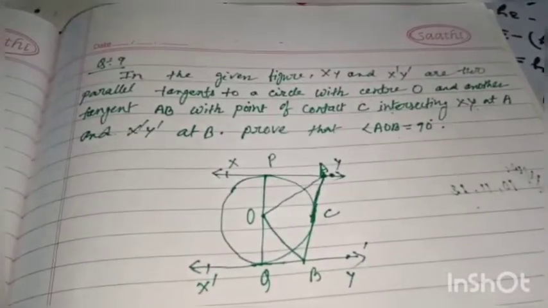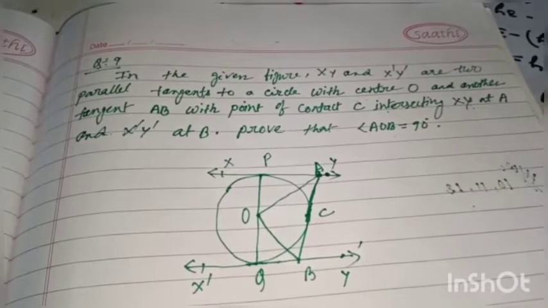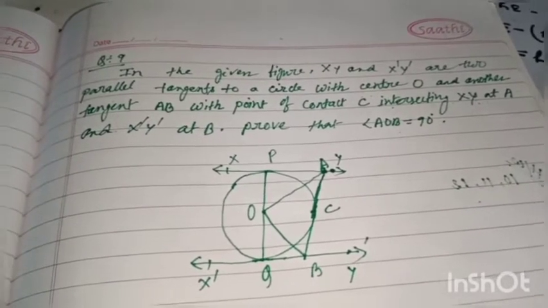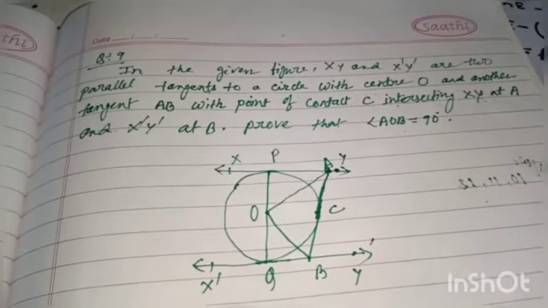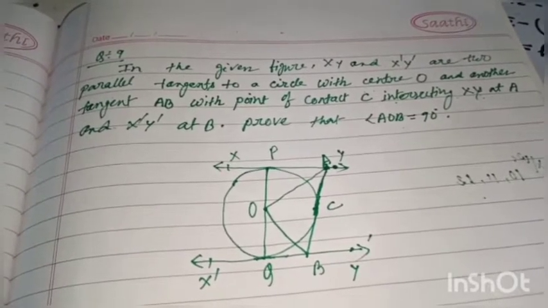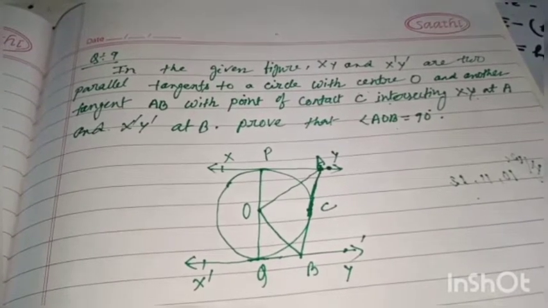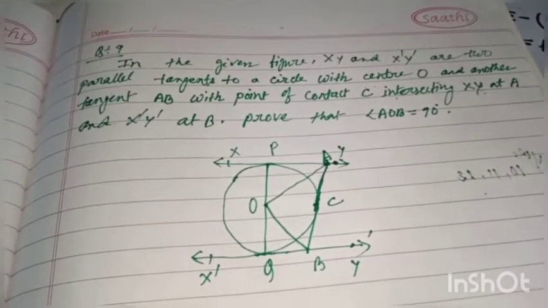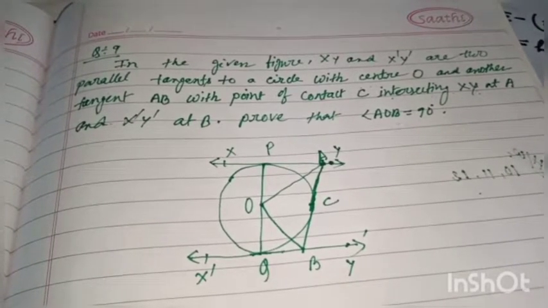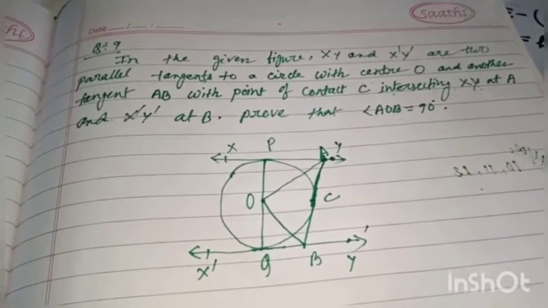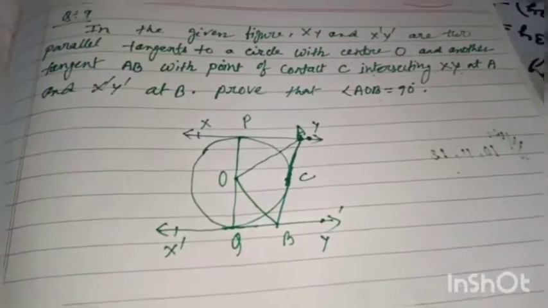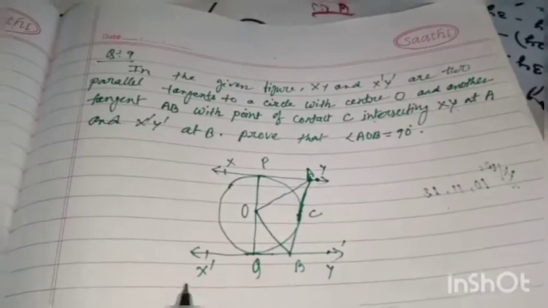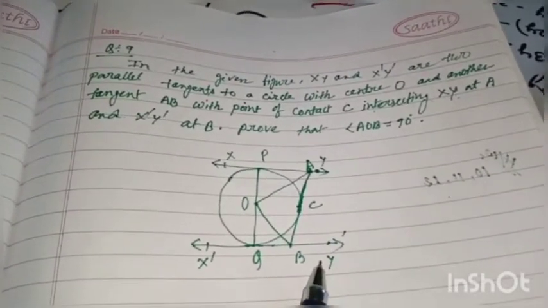Next question, number 9. In the given figure, XY and X dash Y dash are two parallel tangents to a circle with center O and another tangent AB with point of contact C intersecting XY at A and X dash Y dash at B. Prove that angle AOB is equal to 90. According to the question, XY and X dash Y dash are two parallel tangents.